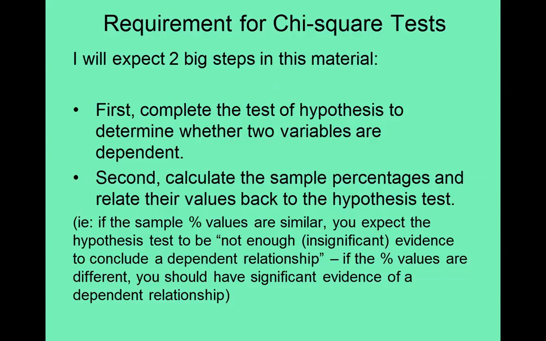In other words, if the sample percent values are similar, you expect the hypothesis test to indicate there's not enough, or there's insignificant, evidence to conclude a dependent relationship. But if the percent values are different, much more than 10% difference, you should have significant evidence of a dependent relationship.